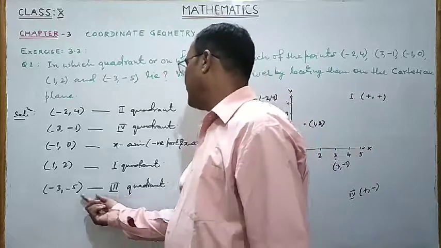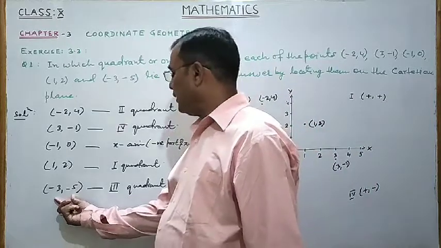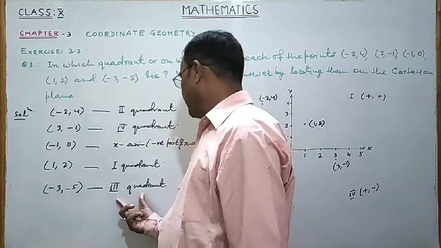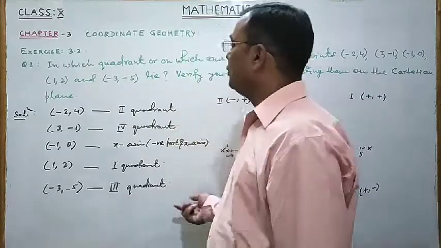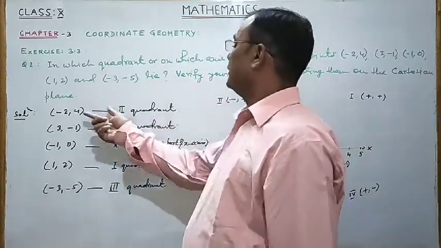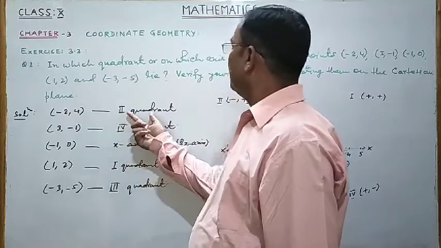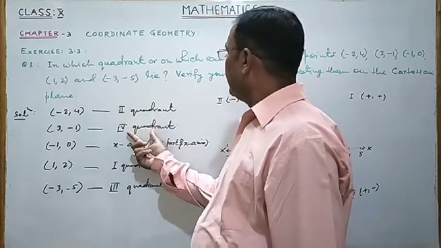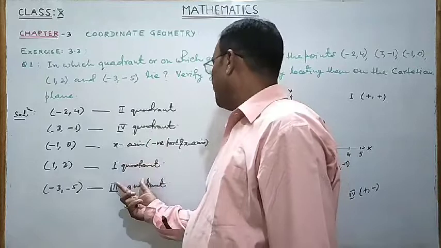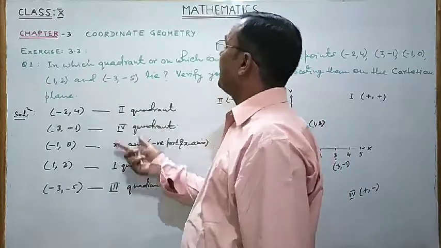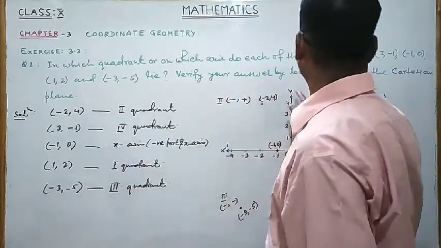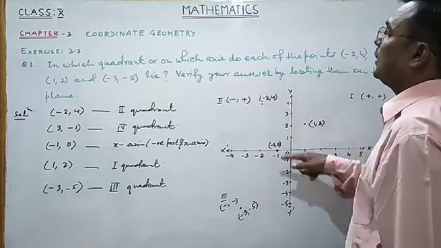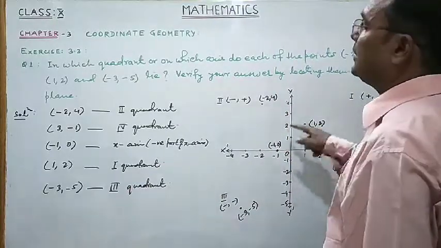We have also written this point (-3, -5) lies in third quadrant. So this way, these points we decided which quadrant or on which axis they actually lie, and then we have verified by plotting them on this Cartesian plane.